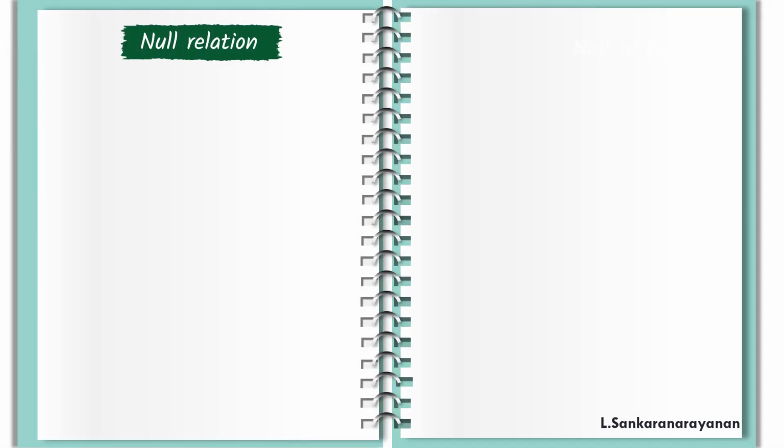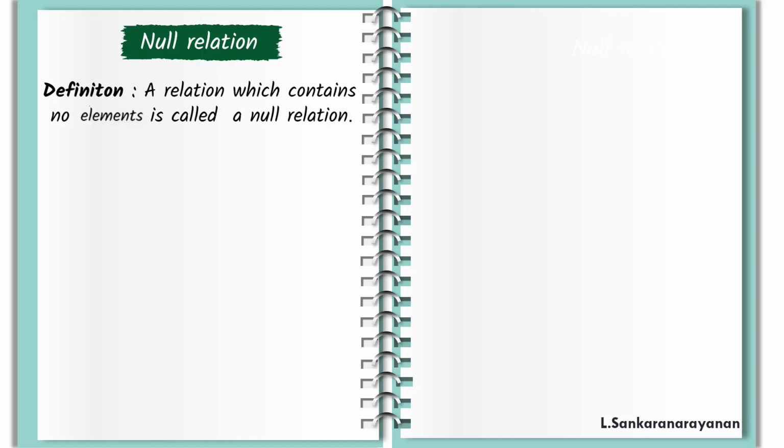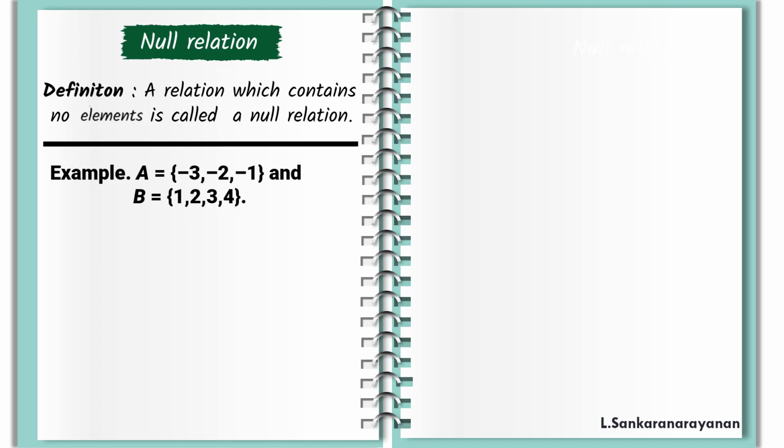Next, we are going to see null relation. Definition: a relation which contains no element is called a null relation. Let us see one example. A equal to {-3, -2, -1} and B equal to {1, 2, 3, 4}.